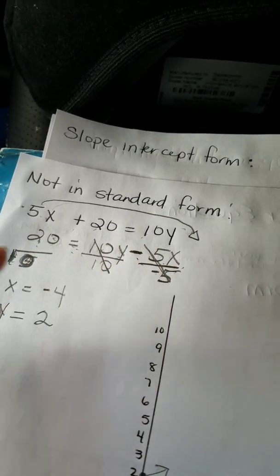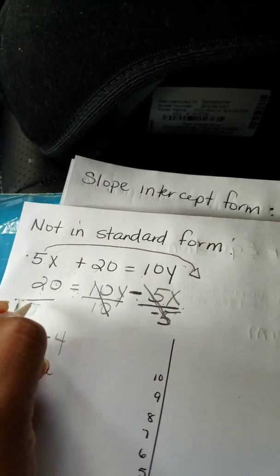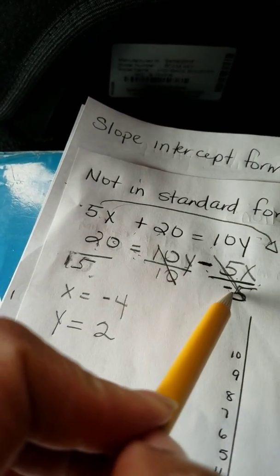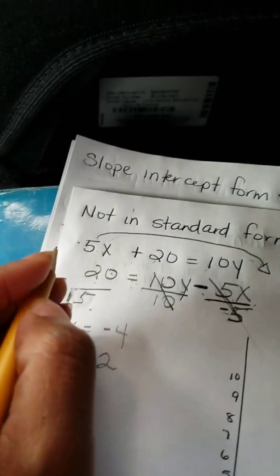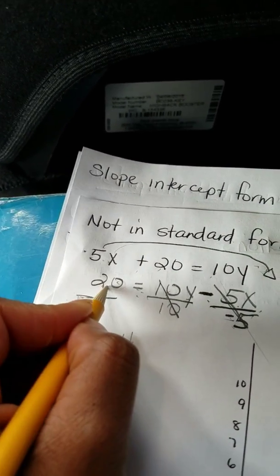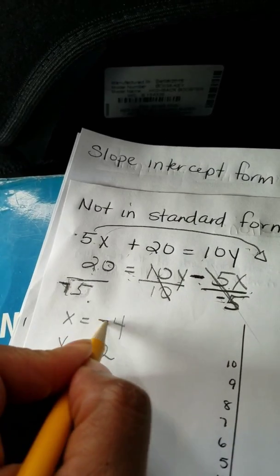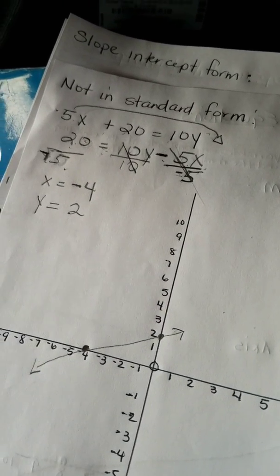So minus 5x and minus 5 will cancel out, and on this side, how many 5s go into 20? This is a minus here. It will go in a negative 4 times. Now I'm going to look for my negative 4 on the x and y axis.